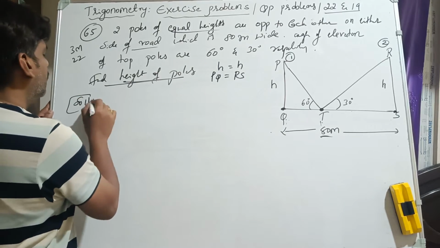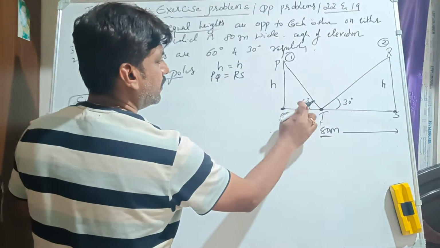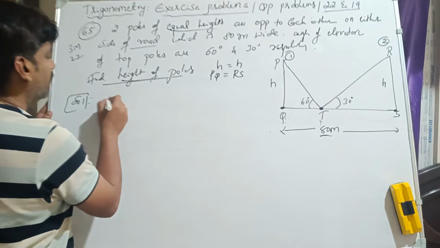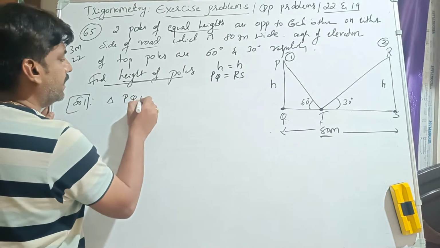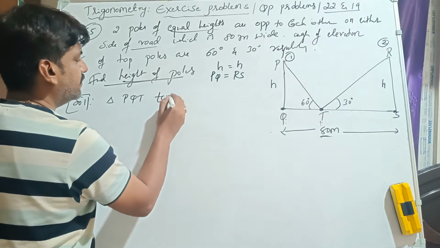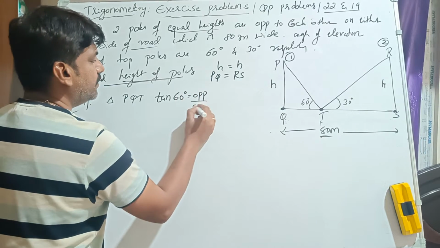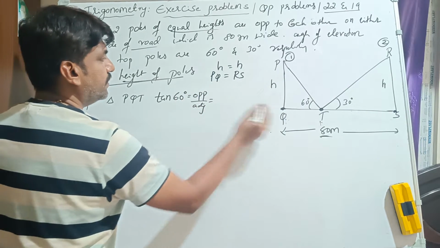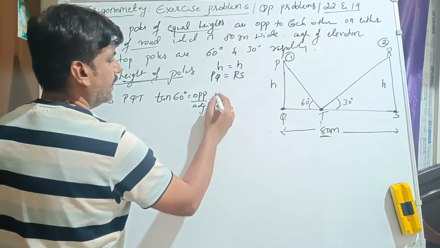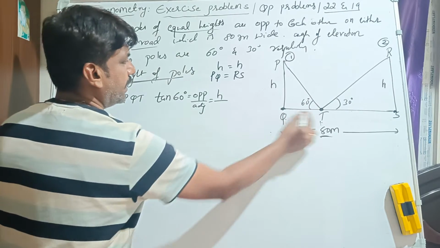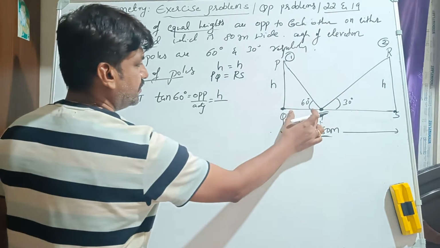How to solve this? With respect to the first H, we should use this triangle. You can use the triangle PQT, and you can use tan 60°. What is tan 60°? Opposite divided by adjacent. What is the opposite of this 60°? H, divided by the adjacent, which is QT.